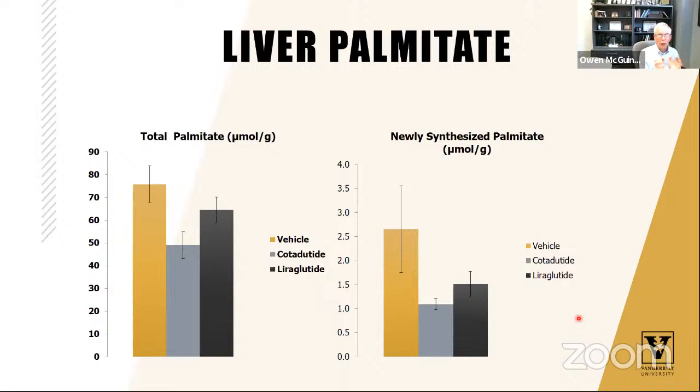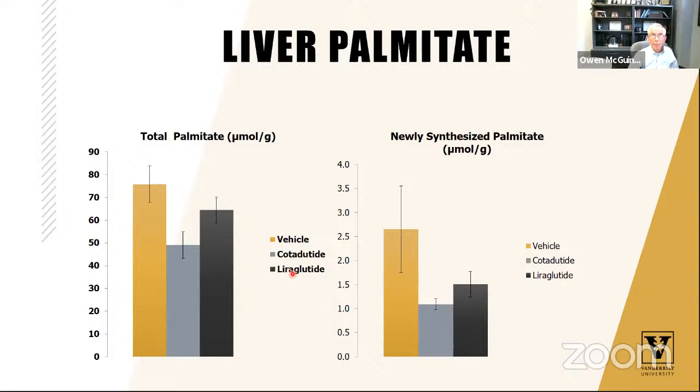It could take this glucose and make glucose, but it also could make de novo lipid or newly synthesized palmitate. And when you look at total palmitate in the liver, now it represents palmitate's probably about 20% of the total lipid in the liver of the fatty acids, depending on the diet you're on. It's a little bit low with the coraglutide, which I'll talk about a little bit why it might be a little lower.